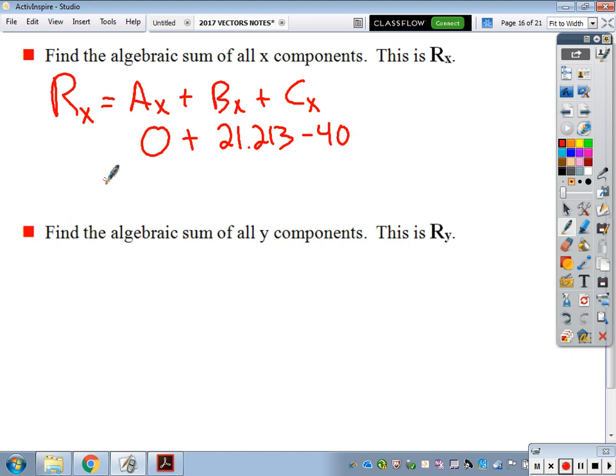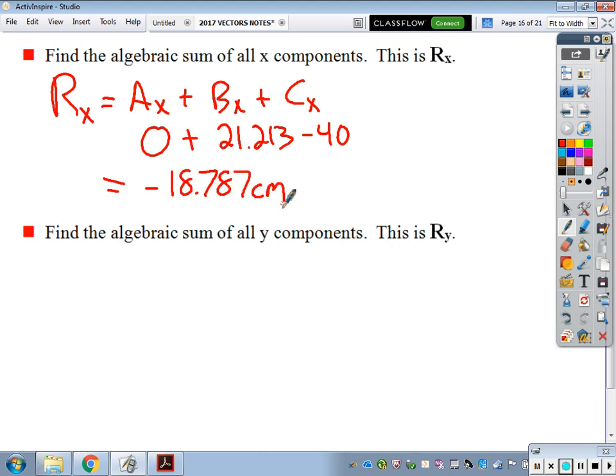So let's go ahead and find Rx. Negative 18.787 centimeters.